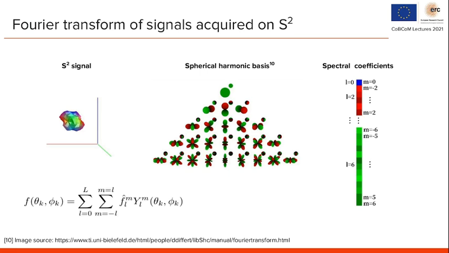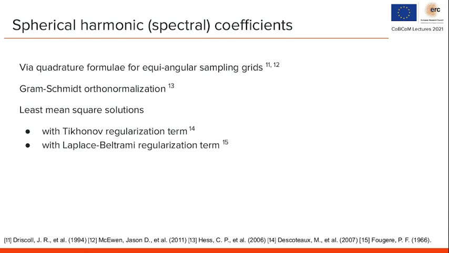An example of a diffusion MRI signal is given in the left figure. Elements of spherical harmonic bases of different orders and degrees are depicted in the middle, and associated spectral coefficients are on the right. Since with any type of spherical sampling the orthogonality of spherical harmonic bases is lost, inversion cannot be performed by simple transpose.